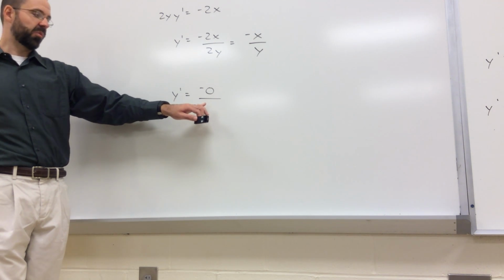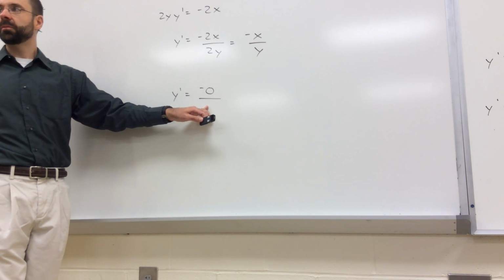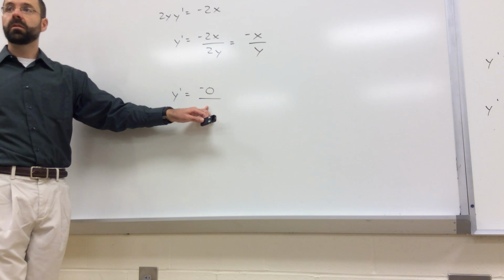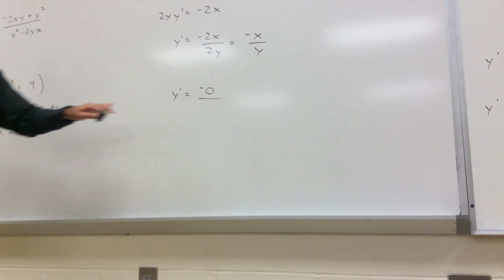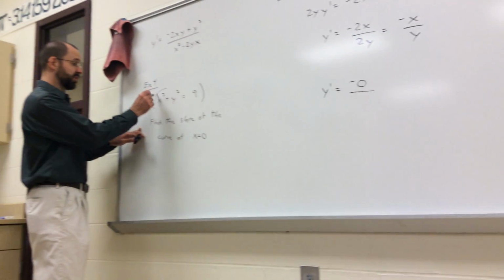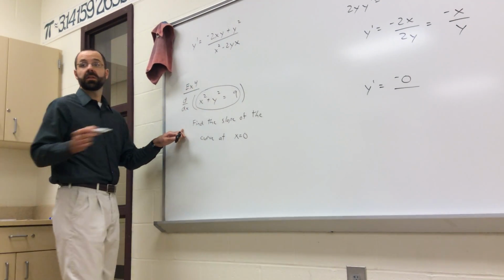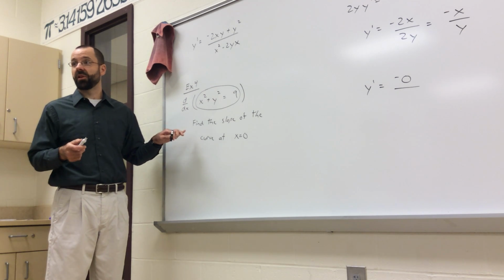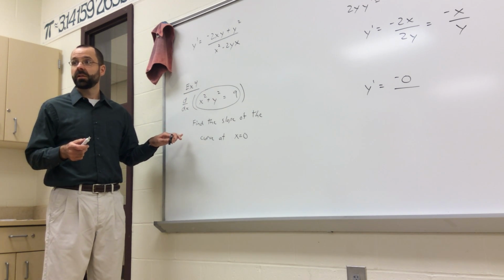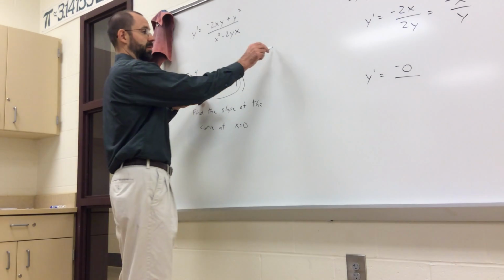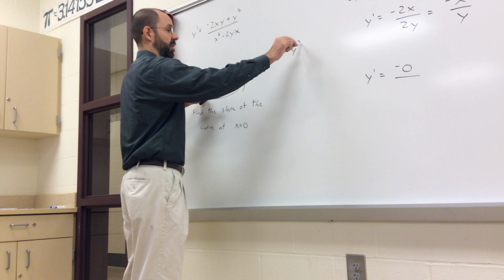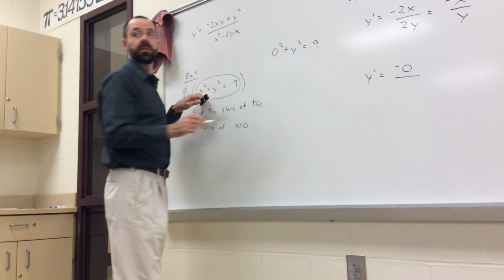So how are we going to figure out what to plug in for y? Yeah, the original formula gives you the x's and y's that are on the curve, right? So if I put a 0 for x there, then I can figure out what the y should be.